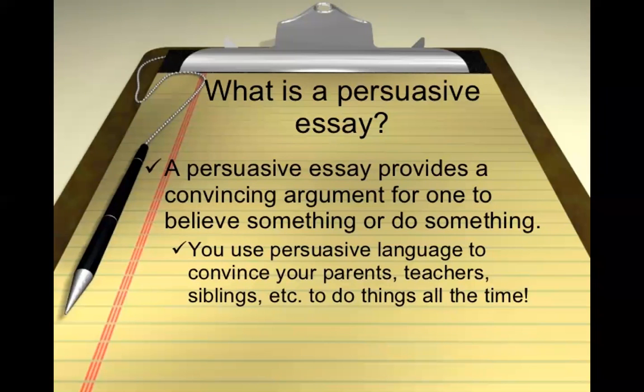So you convince them and say that the school is going, teachers are going to be there, they will always be with you. So you're trying to convince them to let you go to the field trip. So persuasive means convincing. So once you are clear what is persuasive, it is going to be easy to understand the following. Okay, now moving to the next one.